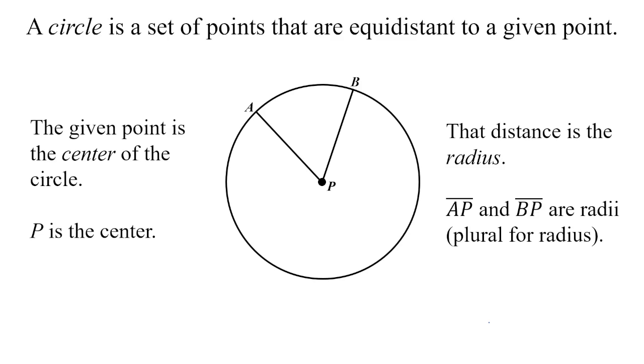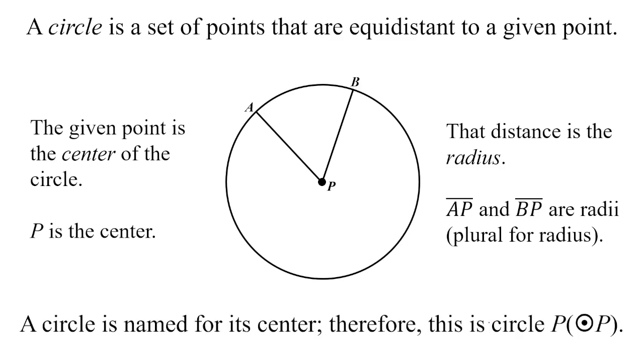So, segment AP and segment BP are radii, which is plural for radius. A circle is named for its center. Therefore, this circle that you see now is called circle P. And as you can see, there's the symbol for it. It looks like a bullseye.